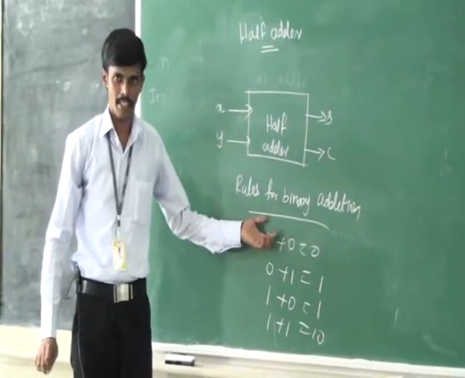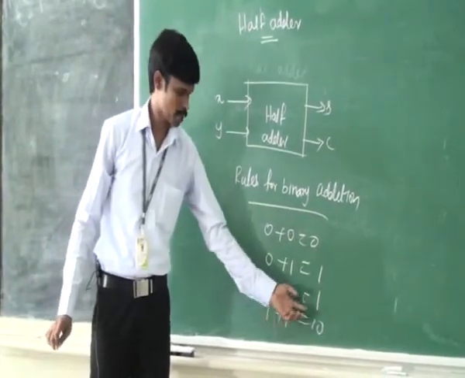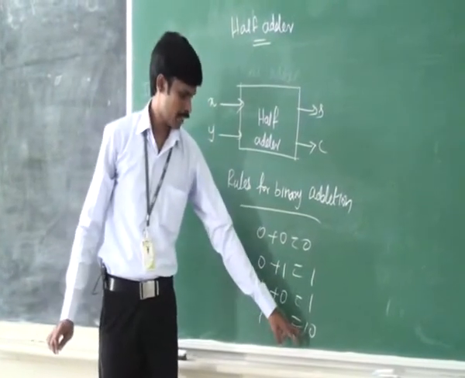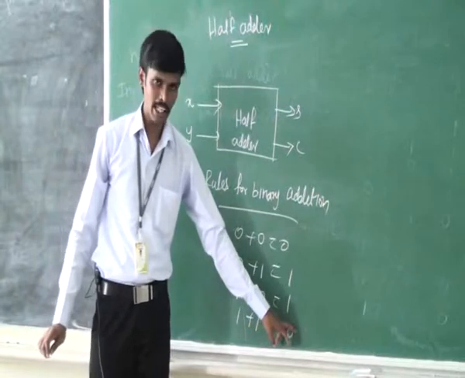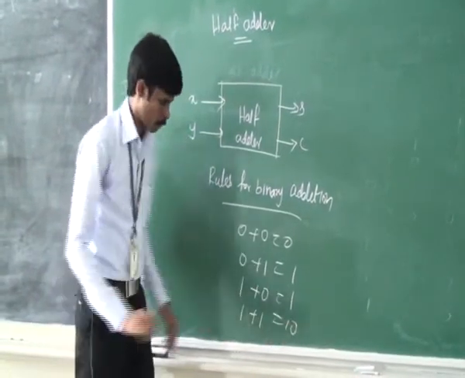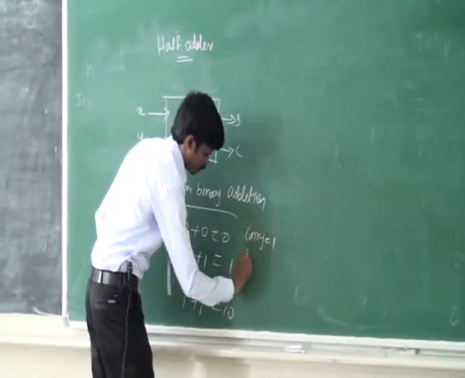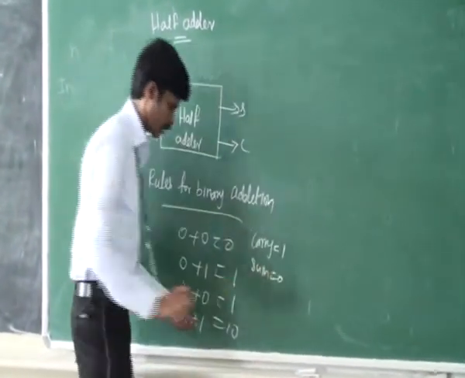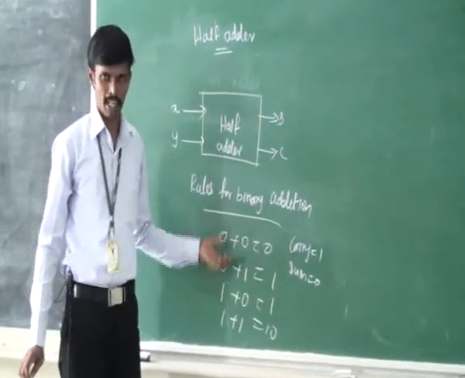Here the first three additions produce a sum of one digit, the last binary addition produces a sum of two digits. Here the higher significant bit of this result is called carry, then the LSB is called sum. So carry is equal to 1, sum is equal to 0 for the last addition. These are the basic rules for binary addition.